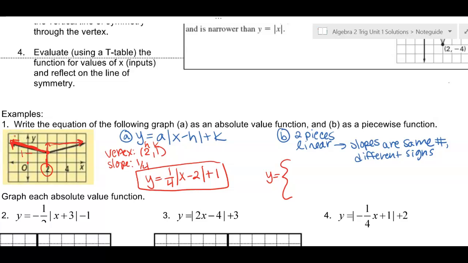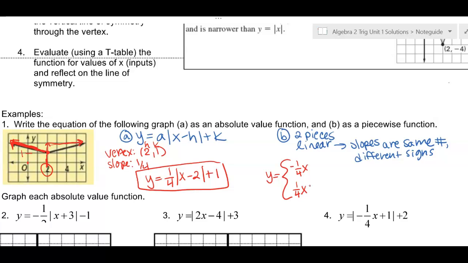If you read the graph from left to right, that portion that I've drawn in red, does it have a slope that's going downward or upward from left to right? Downward, right? It's decreasing. That decreasing section is the piece that has the slope that would be negative, okay? So this first piece has a negative 1/4 slope, where the second piece will have a positive 1/4 slope, okay?